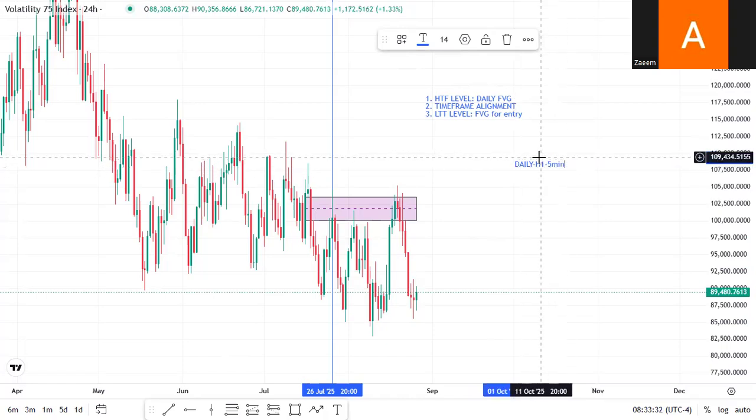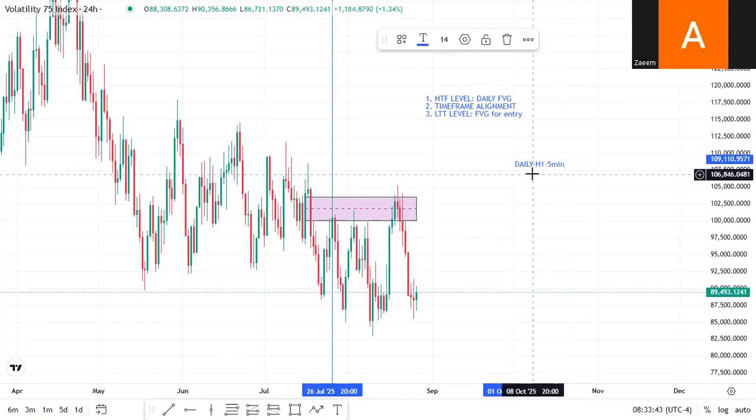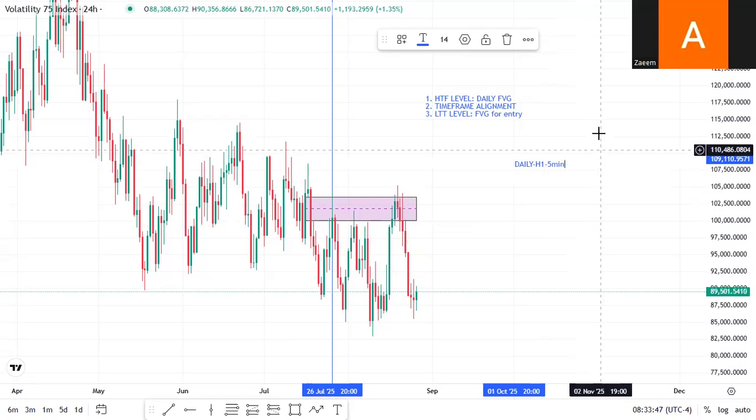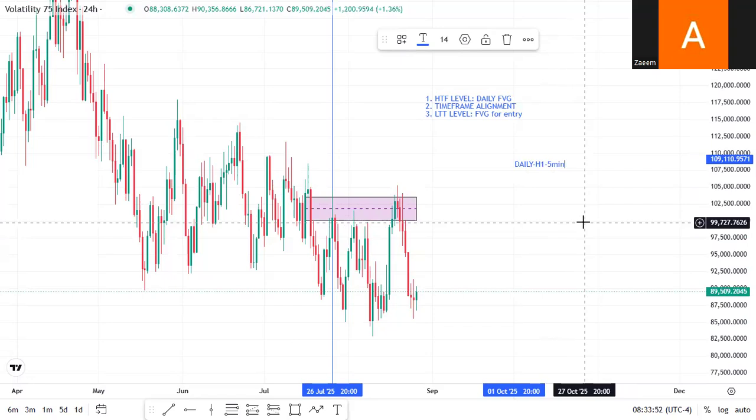So the corresponding time frame alignment for the 1 hour time frame is 5 minutes. What does it mean? It means that if you are on the 1 hour time frame, you want to see a 5 minute change in state of delivery or market structure shift or displacement.